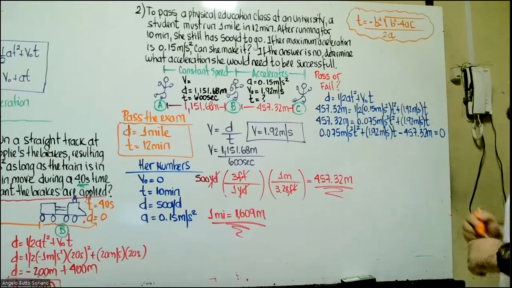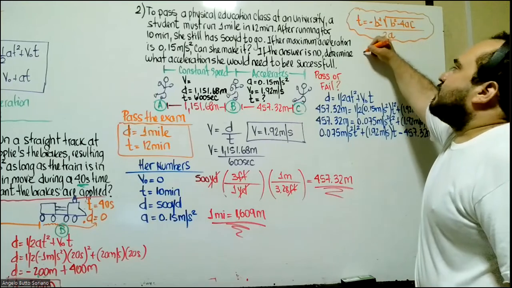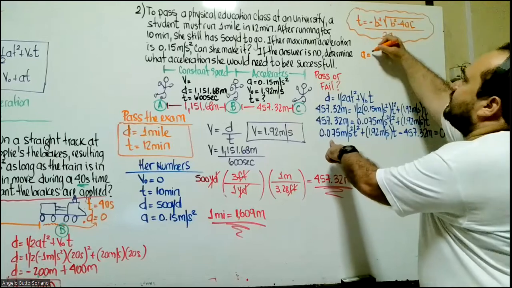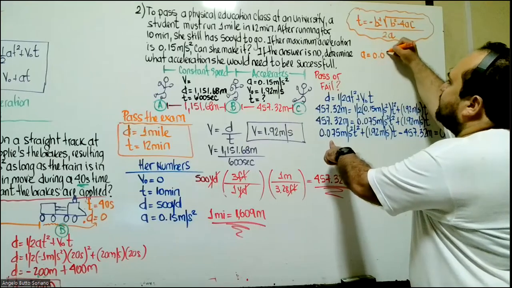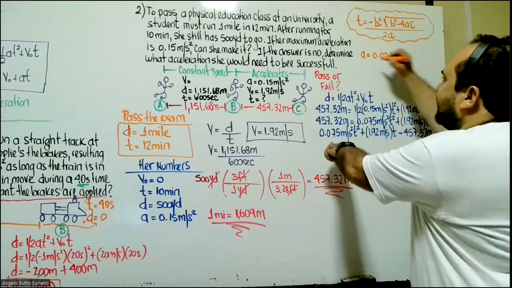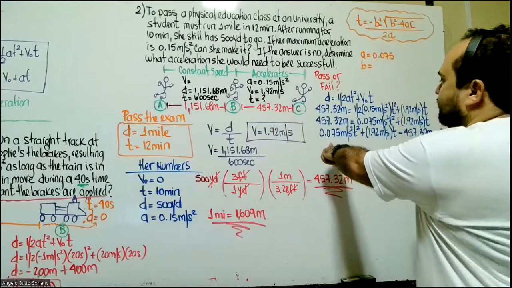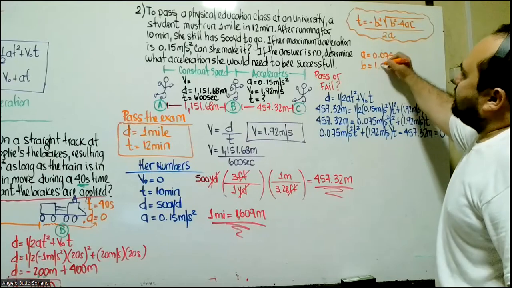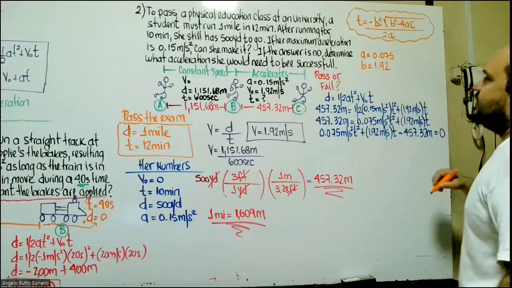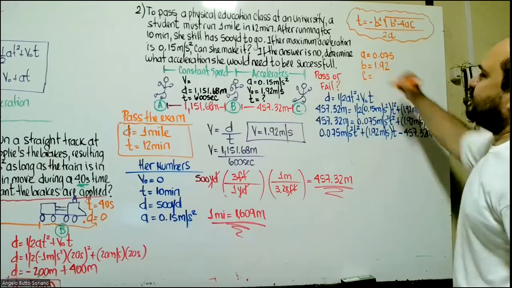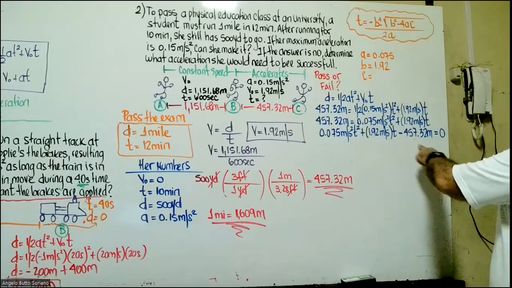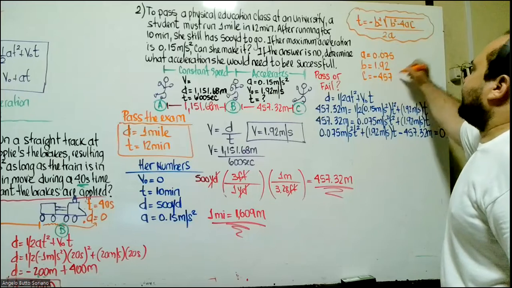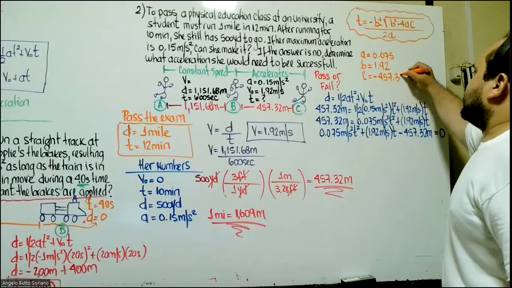The letter A is the number next to the squared variable, in this case 0.075. The letter B is the number next to the linear variable, 1.92. And the letter C is the constant, the number without a variable, which is negative 457.32.